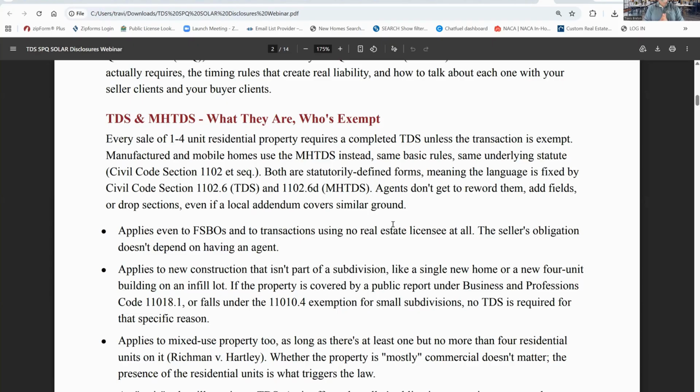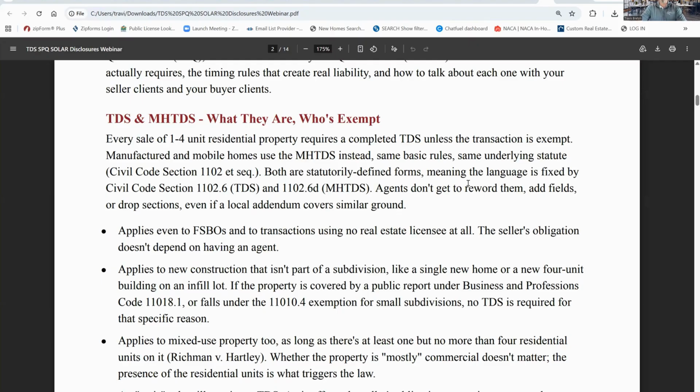So we need to know exactly when a property actually is exempt and when we are going to, essentially, tell the other agent they're incorrect and get that TDS filled out by the seller, hopefully.